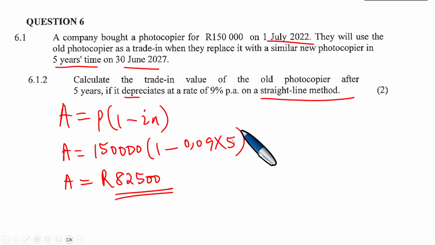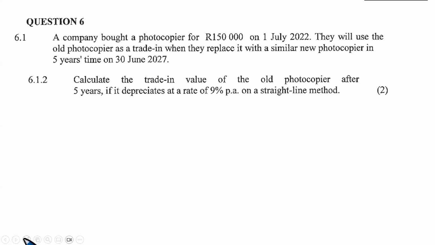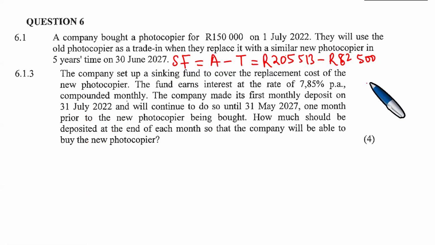Now the 82,500 is the trade-in value. So in the end, if you use a calculator, this means that the sinking fund is equal to 123,013.